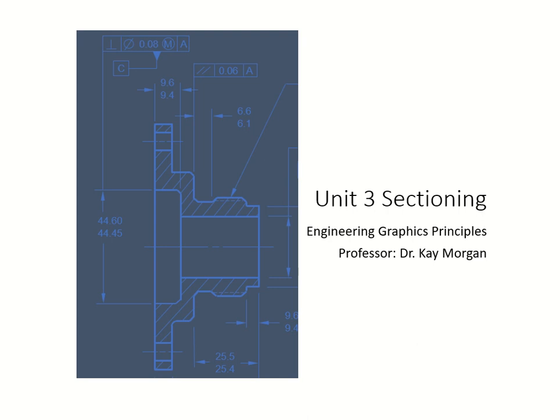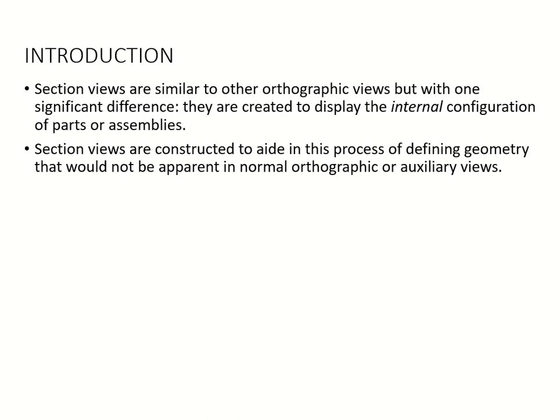Alright, so we've gotten into Unit 3, sectioning. Section views are the same as your orthographic views, your 2D views. They look pretty similar, but the only thing you have to pay attention to is that section views usually show the internal parts of the assemblies.